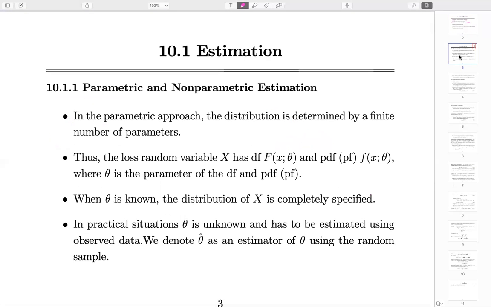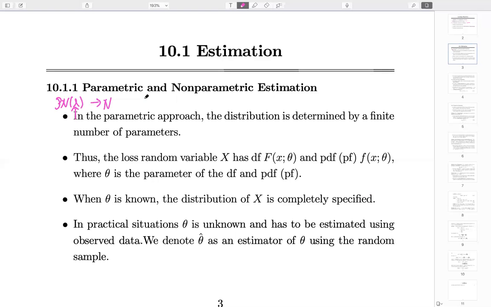So let's first introduce parametric and non-parametric. Parametric is very easy because so far that is what we have been dealing with. For instance, in claim frequency, let's say we use the Poisson distribution to model claim frequency. Here, the Poisson distribution is a parametric distribution because everything is known once you know this parameter, right?